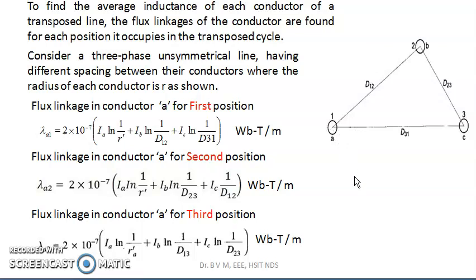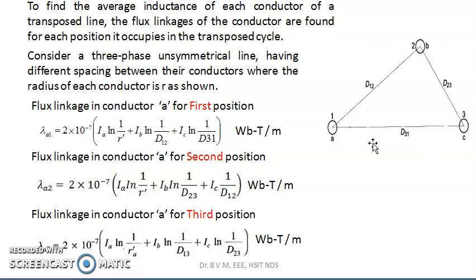To find the inductance of a transmission line, first we need to calculate the flux linkages. If we find the flux linkages, then we can find the inductance. In an unsymmetrically spaced three-phase transmission line, because the conductors are not symmetrically spaced, the flux linkages of each conductor or each phase are not the same.